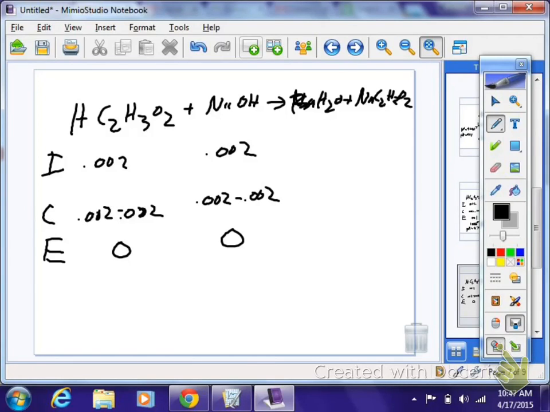That's when you add 10. So this one you can put down, add 10 milliliters. Okay, how many moles do you end up with of C2H3O2? 0.002. Okay, so find the concentration of your C2H3O2.